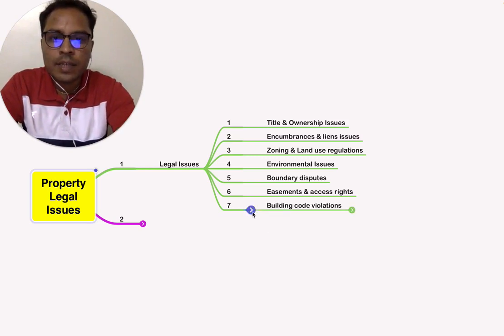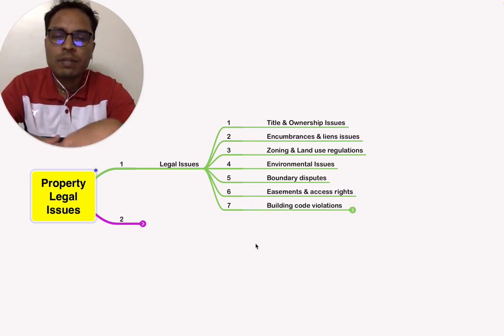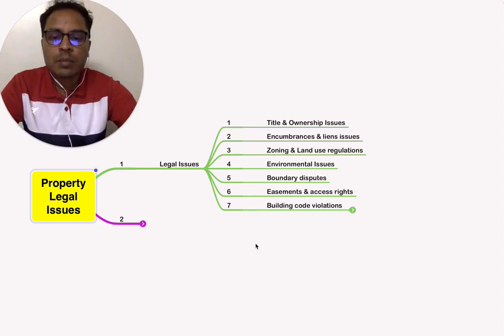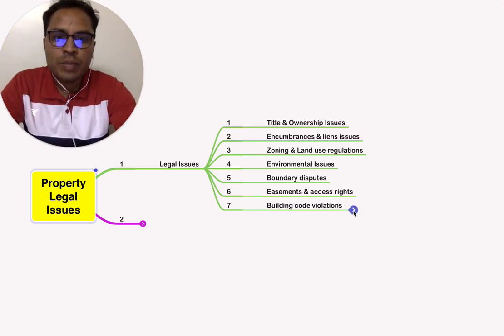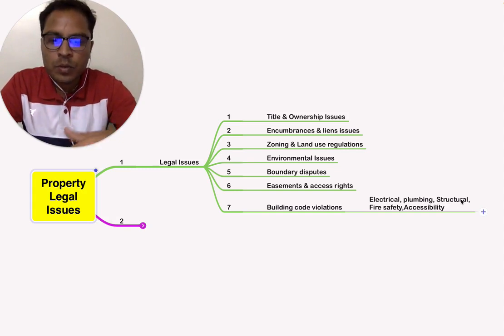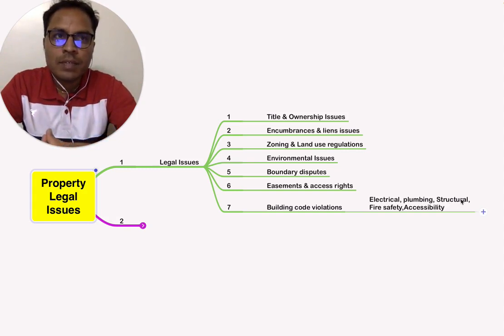And seventh legal issue, building code violations. Electrical issues may arise after the building is constructed, and plumbing issues like water leakage, drainage problems, or structural issues, fire safety issues, or accessibility issues.